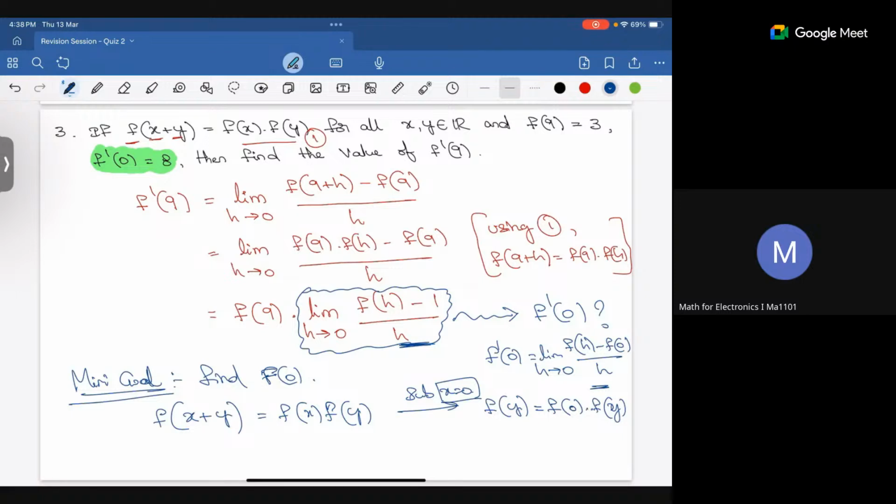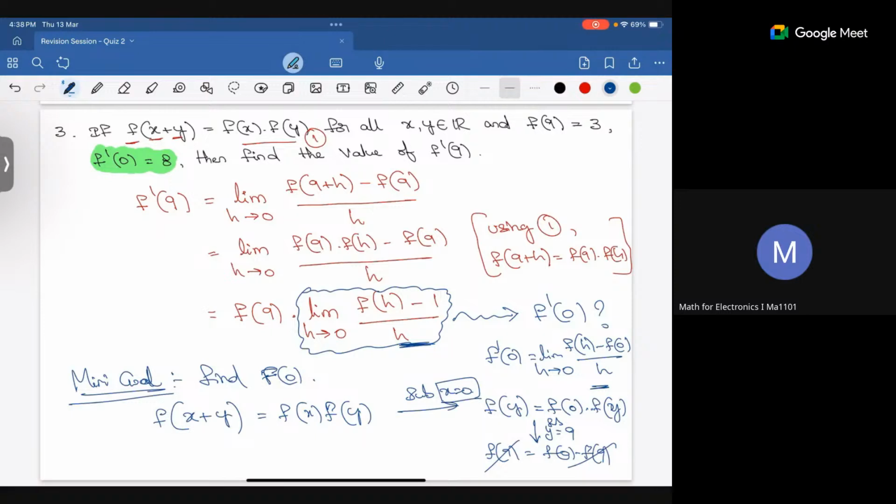So this is what we get when you substitute x equals 0. And what you are seeing is f of y equals f of 0 into f of y. This holds true for any y. So now I simply substitute y equals 9, because I know f of 9. If I substitute that, I'll have f of 9 equals f of 0 into f of 9. I know that f of 9 is non-zero and it equals 3, so I can cancel it out on both sides.